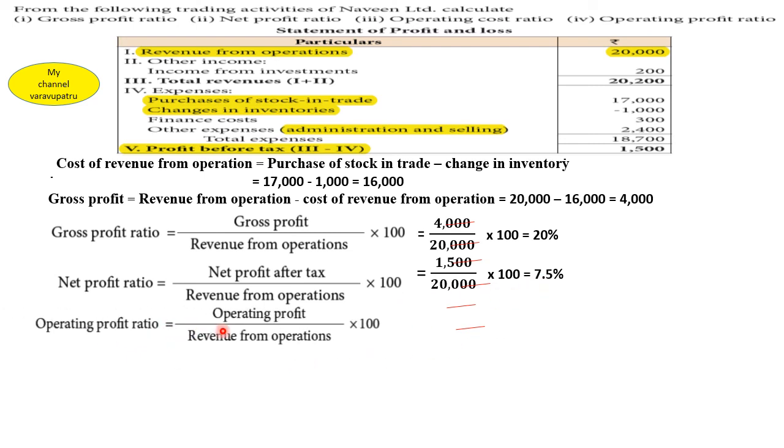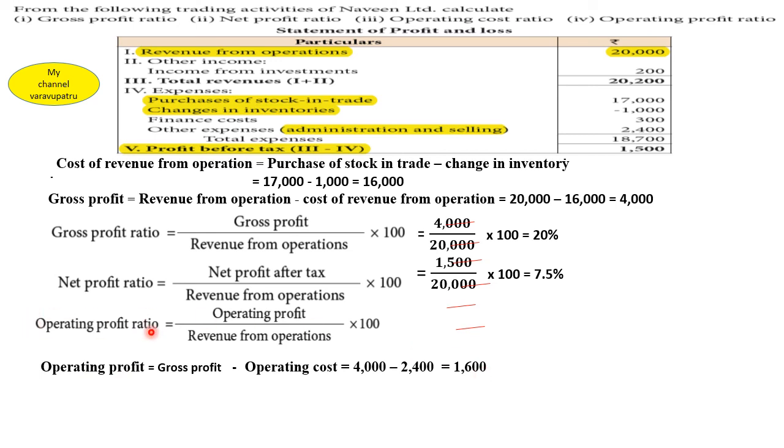Operating profit ratio is equal to operating profit by revenue from operation into 100. Operating profit is equal to gross profit minus operating cost. The gross profit we found here is 4,000, minus operating cost, that is administration and selling cost, 2,400. So operating profit is 1,600.